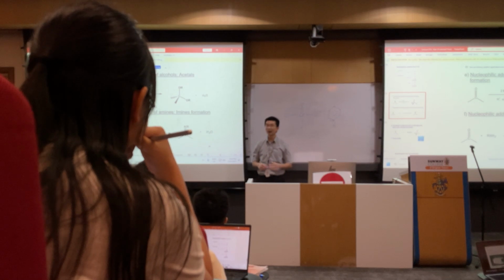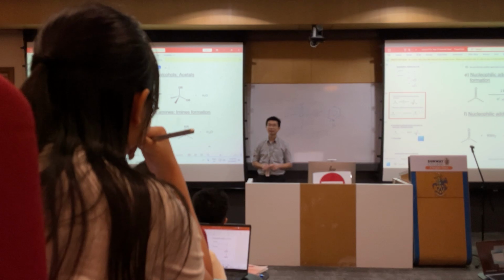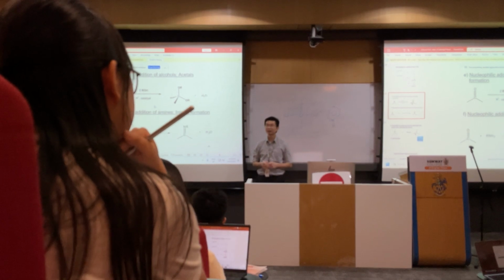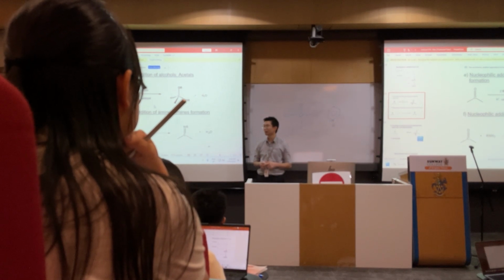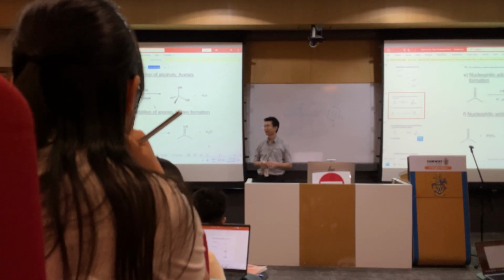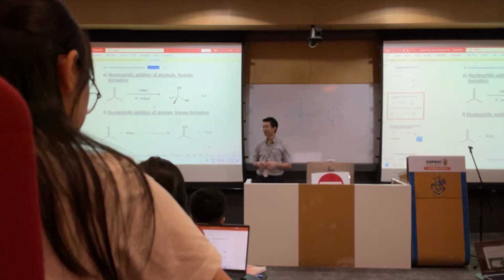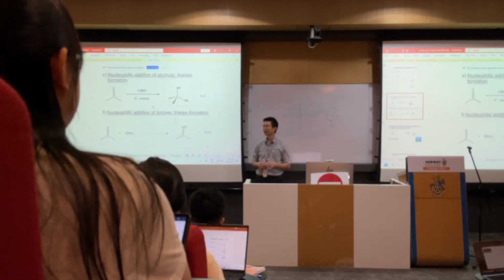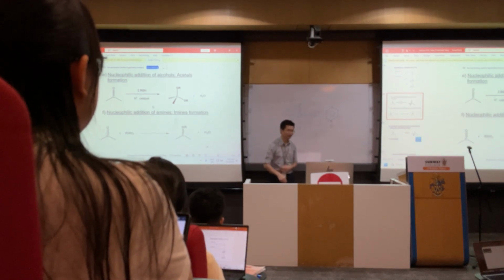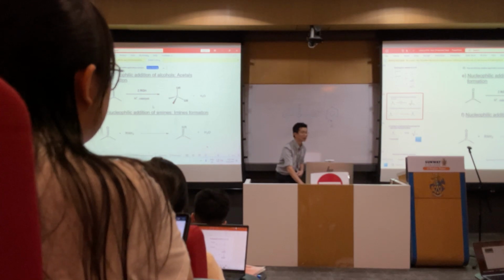Okay. You recall experiment 1, what you did in the experiment? You have a Brady reaction, right? To check for the presence of carbonyl group in the reagent. You still recall that?